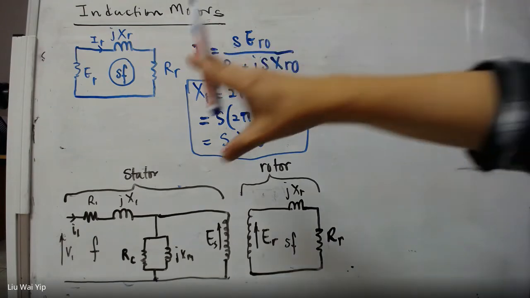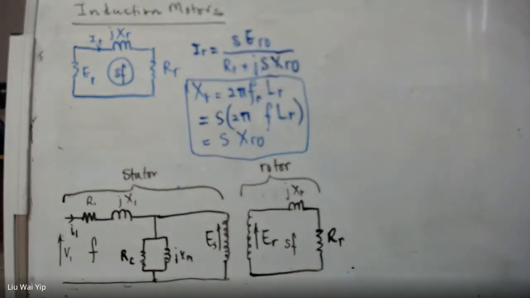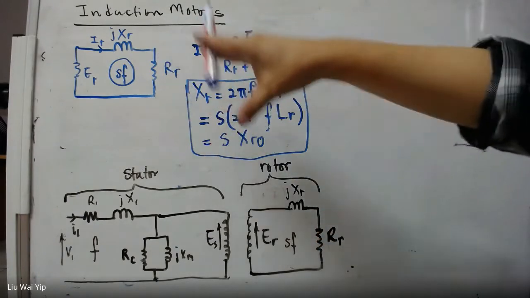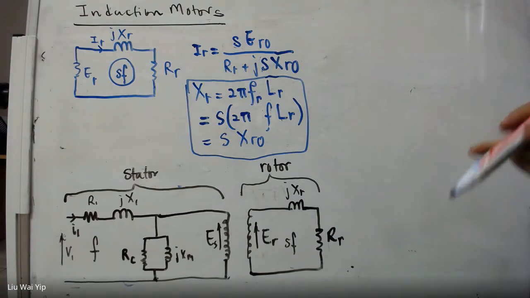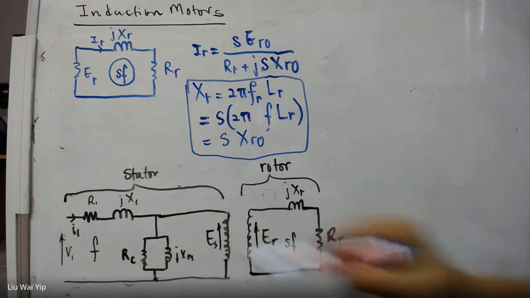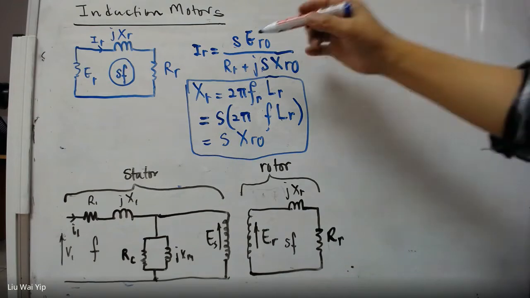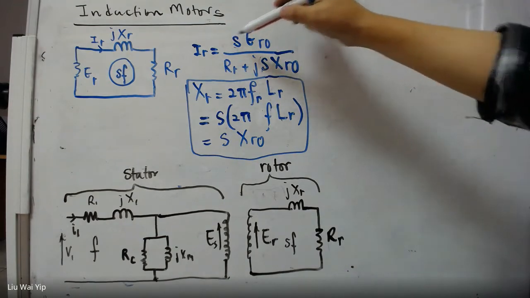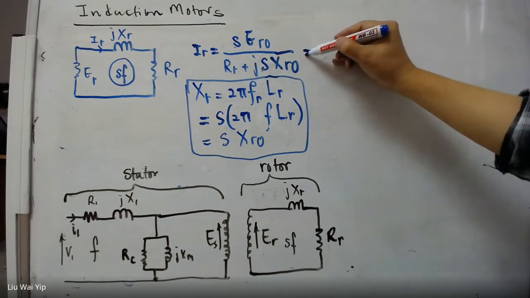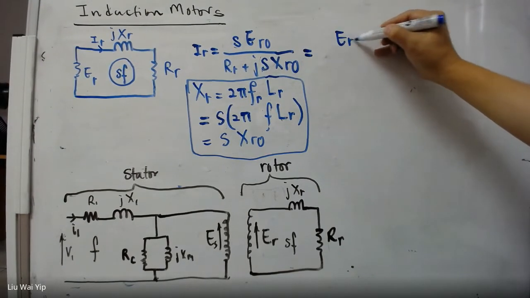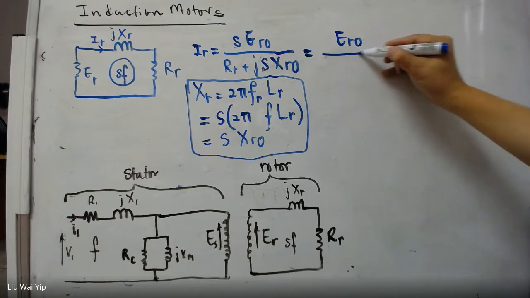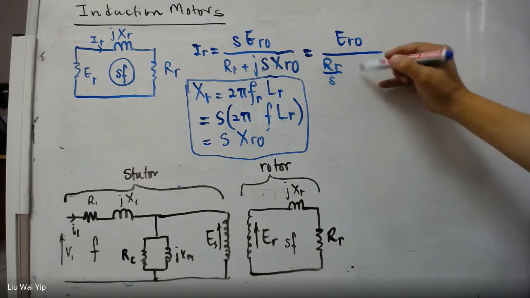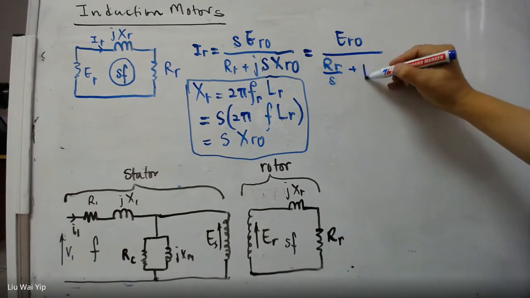So we are trying to come up with a new circuit for the rotor. And this circuit is normalized to frequency F. We can do that. What we can do is, we have this expression, and we divide the top and bottom by S. So we have this new expression here.